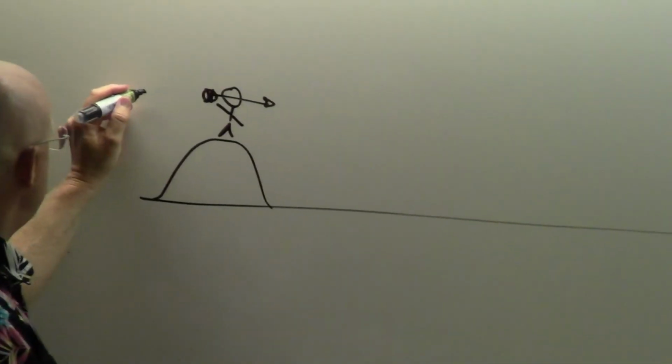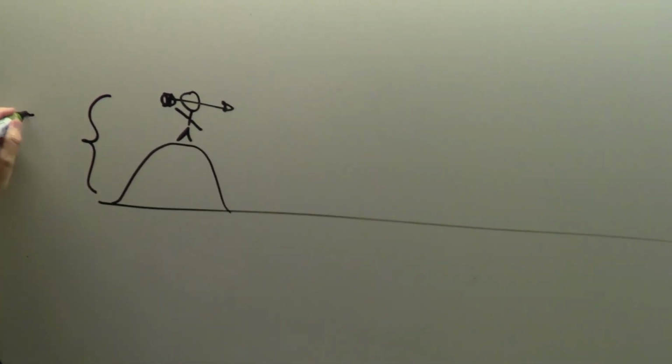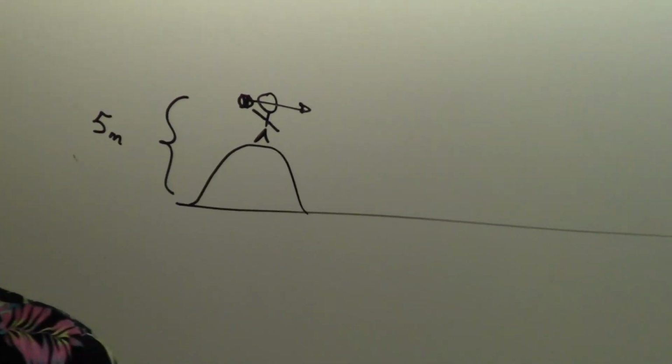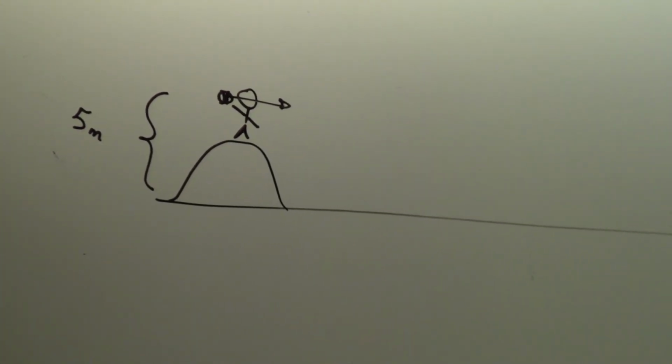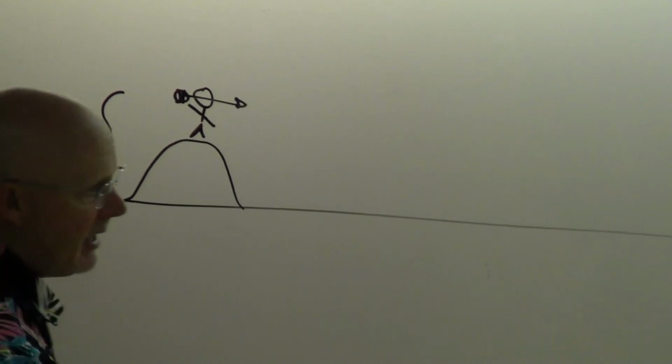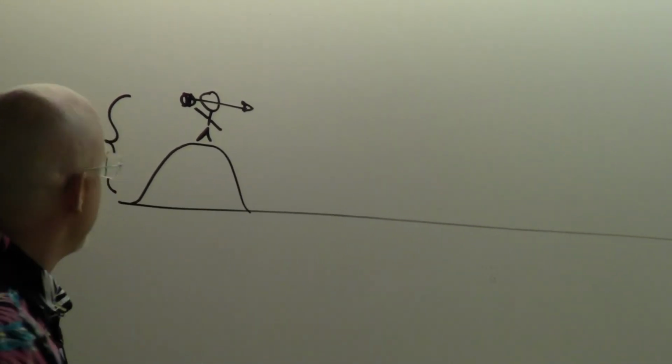But the real key is I am 5 meters above the ground. The combination of the mound and my own body height, I let it go 5 meters above the ground. And let's say at first I don't throw it very fast. Let's just say I throw it at 10 meters per second.